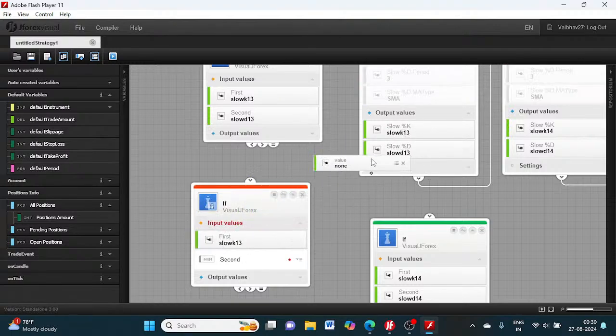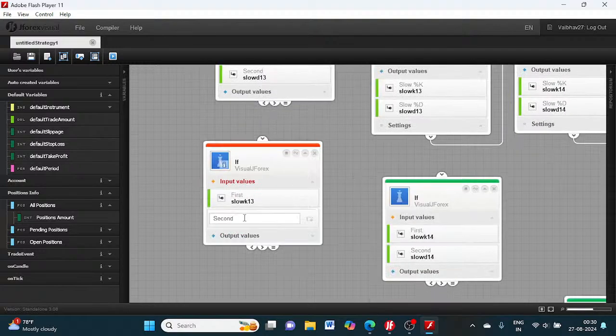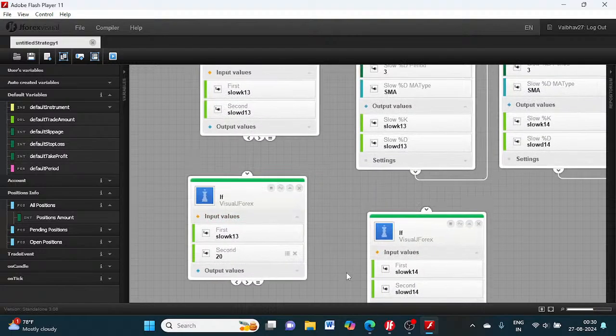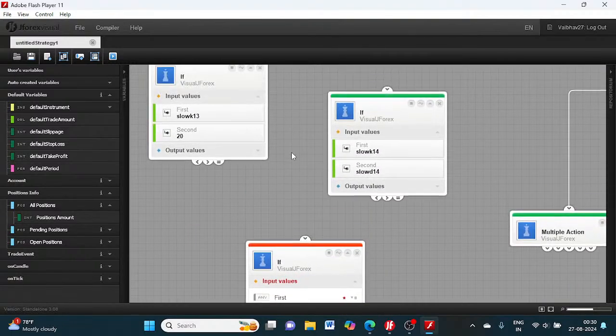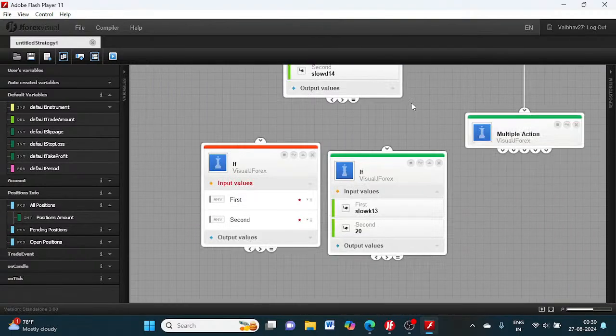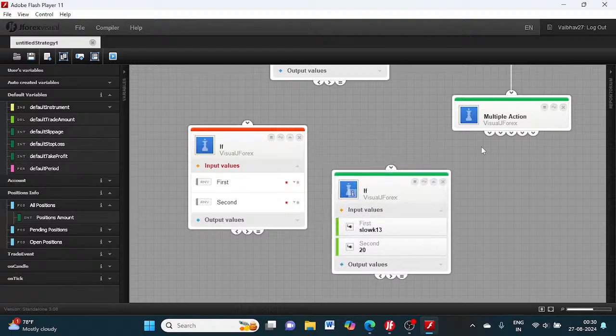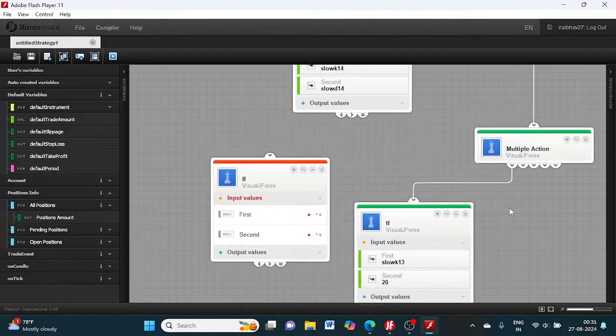If we put in the condition that slow K needs to be below 20, that will automatically translate to slow D also being below 20. Okay, so I am going to simply add this input parameter of 20. Now we put this as the first condition. So this goes straight flow.